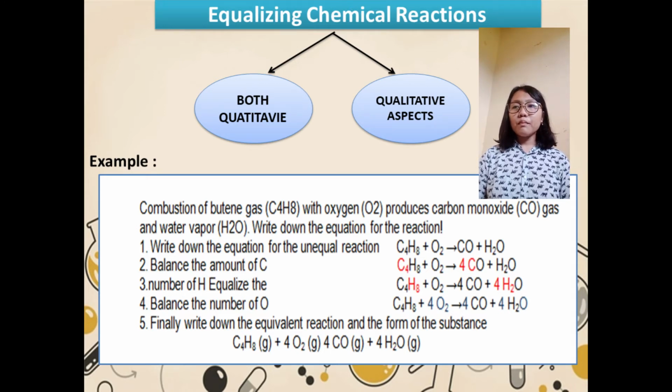An example is the equation for the reaction between hydrogen and oxygen: 2H2 plus O2 produces 2H2O. The chemical equation shows that 2 moles of hydrogen react with 1 mole of oxygen to give 2 moles of water. Qualitative aspects are needed in giving the symbols of physical state of reagents and reaction products.